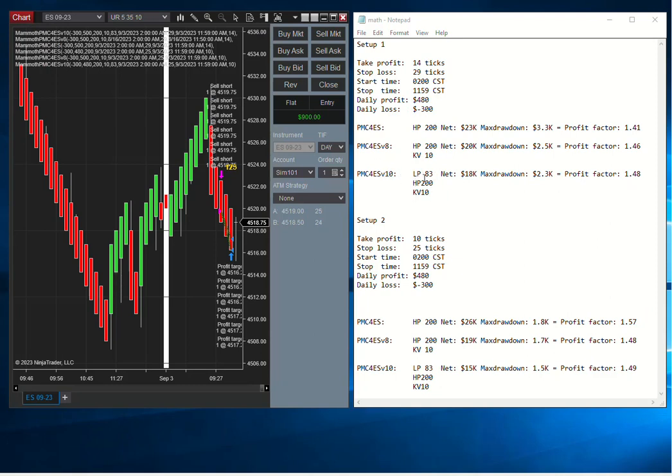So you can see right here the three settings are the same as setup 2: HP 200, HP 200, KV 10, LP 83, HP 200, and KV is 10.